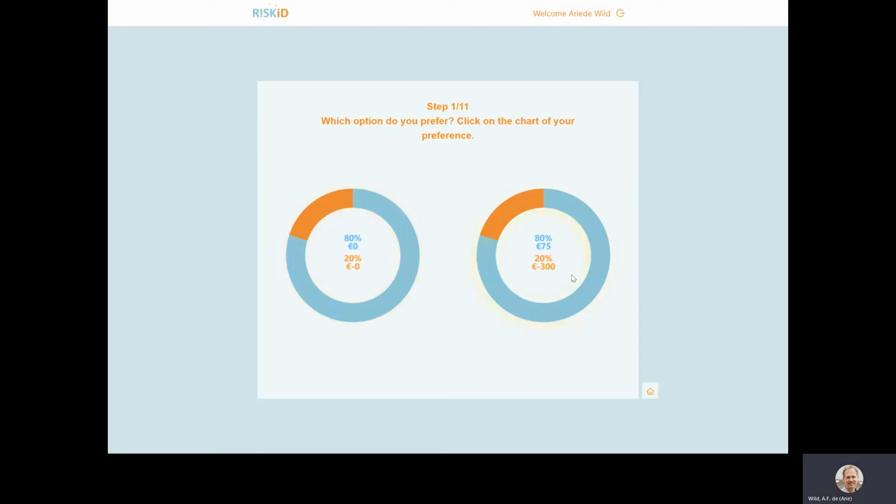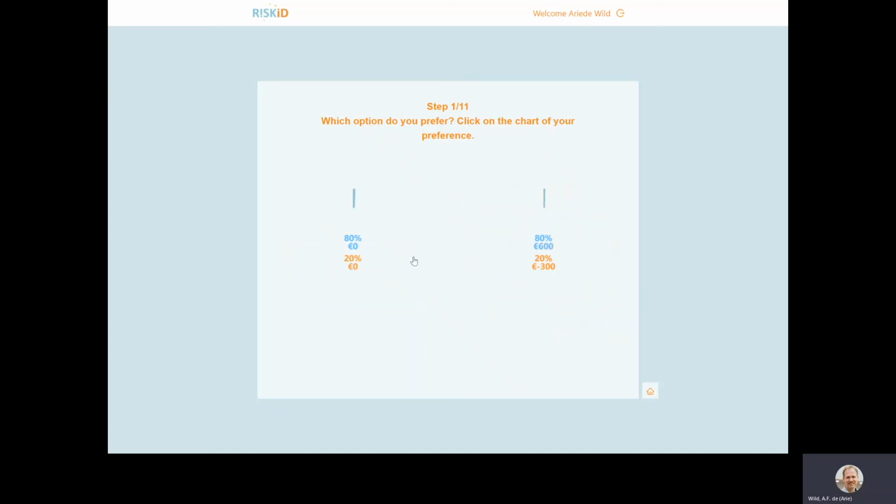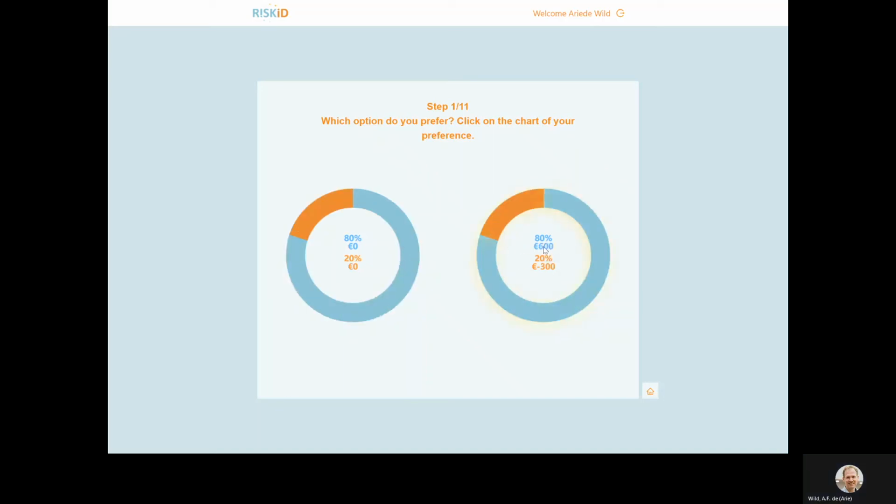Risk Appetizer responds to your choice by adjusting the favorable blue outcome of the right option. When you prefer the left option, it offers a new choice where the right option is made more attractive.